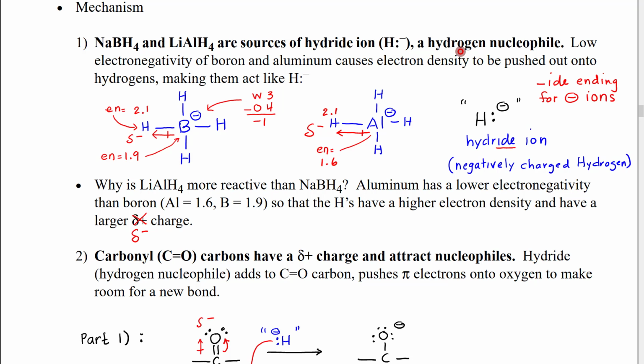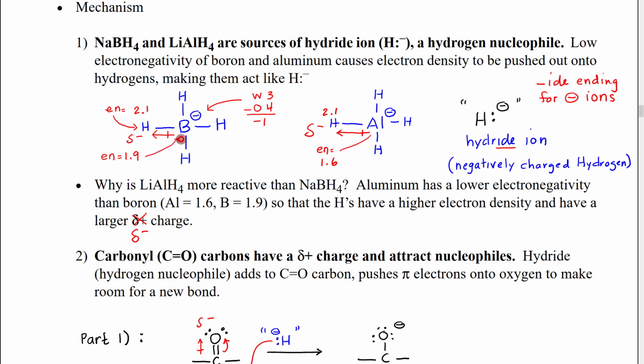Now, the way that this actually works is the boron and the aluminum have very low electronegativities. Boron has an electronegativity generally given in the range of about 1.9. Aluminum is even lower at 1.6. Hydrogen electronegativity is usually given somewhere in the range of about 2.1.